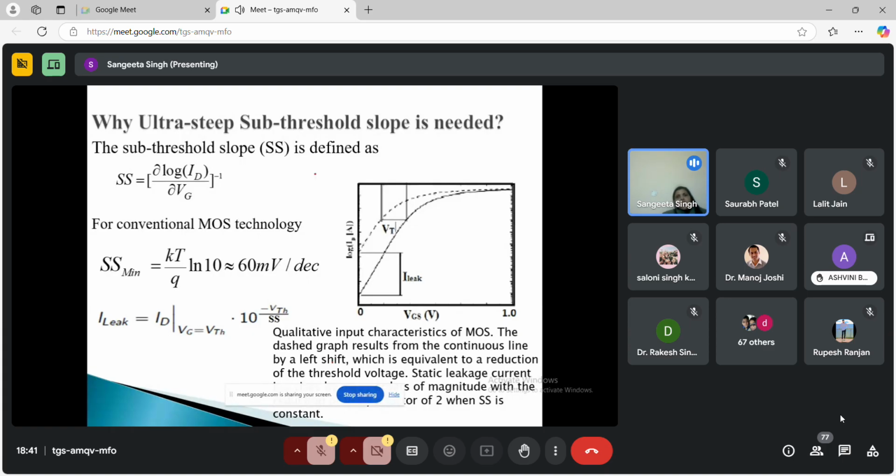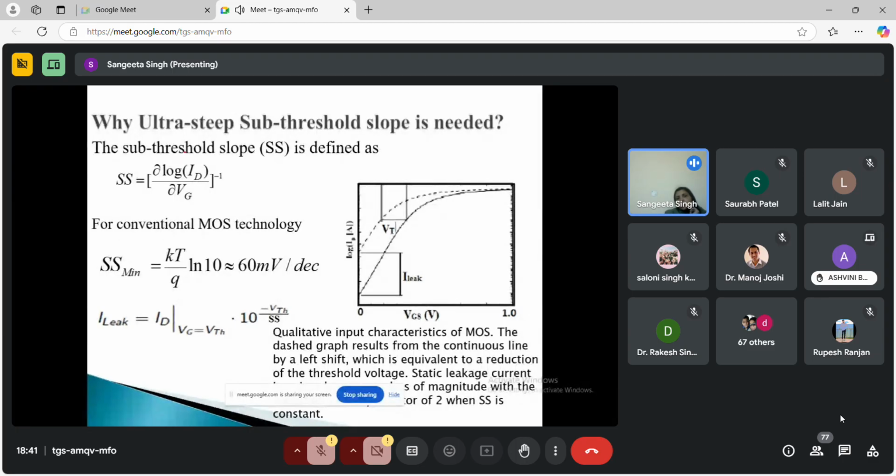Then another very crucial term is the sub-threshold slope, SS. Why do I need to have a sub-threshold slope? What is sub-threshold slope? Why does it need to be reduced? And what is the minimum possible sub-threshold slope achievable using conventional CMOS technique?